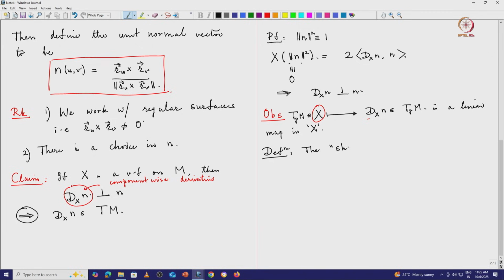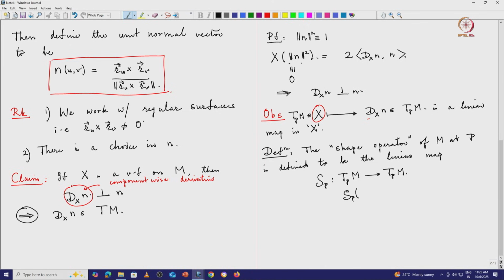The shape operator of M at P is defined to be the linear map SP which goes from the tangent space of M at P to itself, and SP of X is precisely this map, okay.